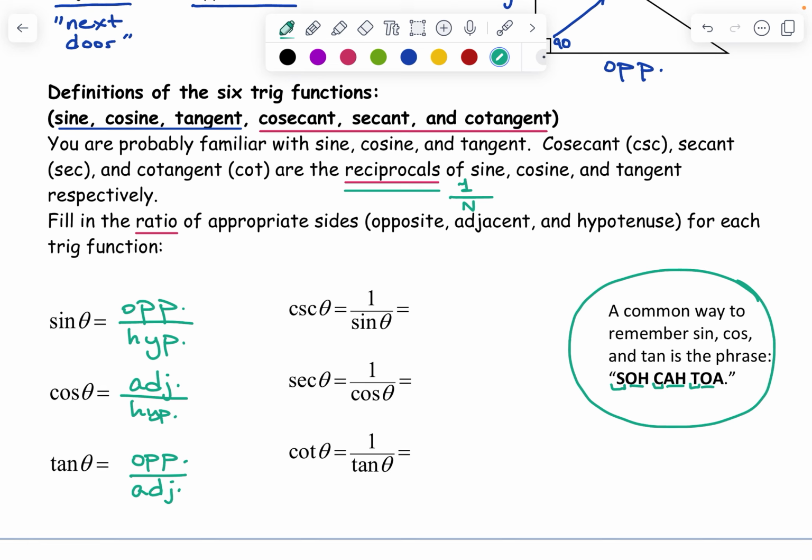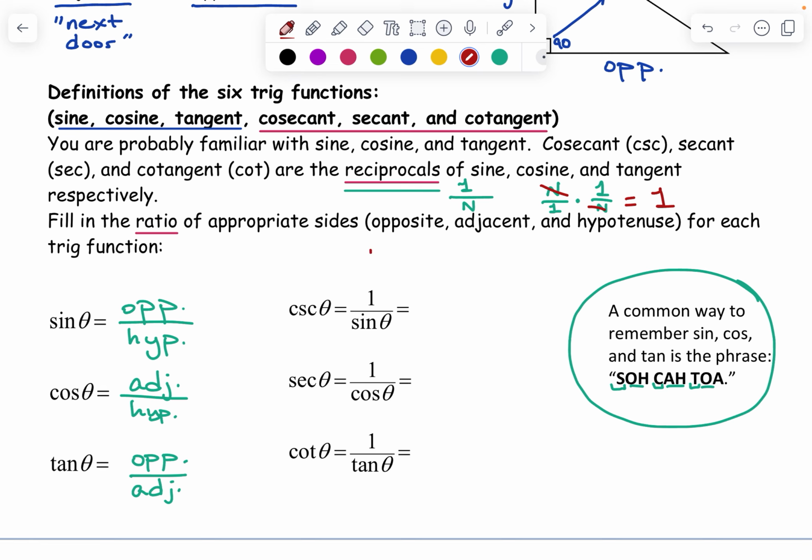Mathematically, what reciprocals do is they cancel out through multiplication. Like if I had n over 1 and I multiplied it by 1 over n, whatever that value is, those would cancel out and your answer would just be 1. So that's what these reciprocal functions do.